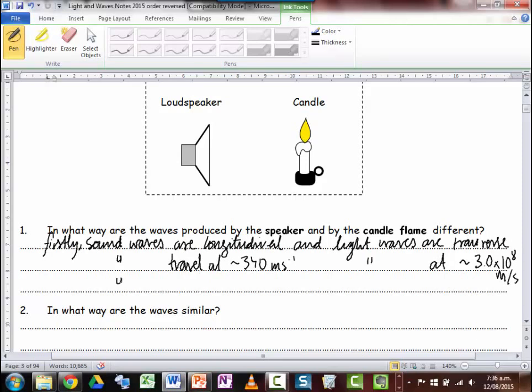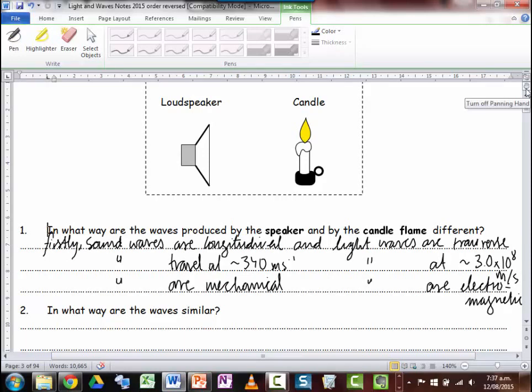And sound waves are mechanical. Light waves are electromagnetic. Okay, so those are some of the differences.